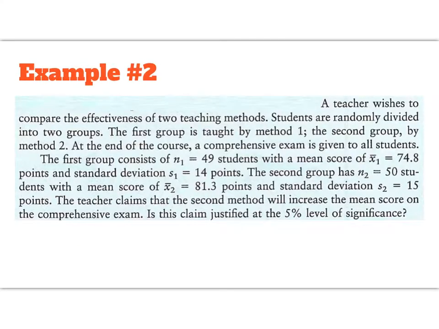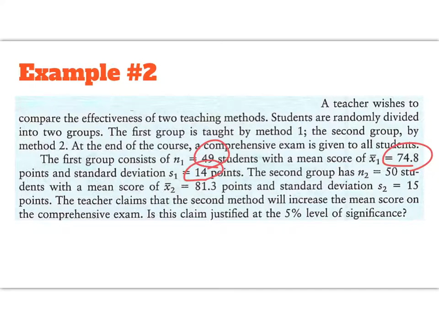So, as I promised / threatened, the second problem is yours, but we'll get started on it together. A teacher wishes to compare the effectiveness of two teaching methods. Students are randomly divided into two groups. They teach the first group by method 1, the second group gets taught by method 2. At the end of the course, a comprehensive exam is given. The first group consists of 49 students with a mean score of 74.8 and a standard deviation of 14.